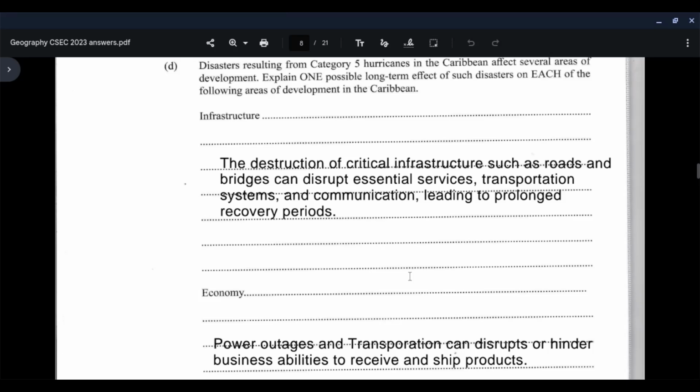With economy, the economy of a country can suffer significantly after the passage of a mighty hurricane. Power outages and transportation disruptions can hinder businesses' ability to receive and ship products. These factors can lead to production and delivery delays, causing lost revenues and damaging a company's reputation.